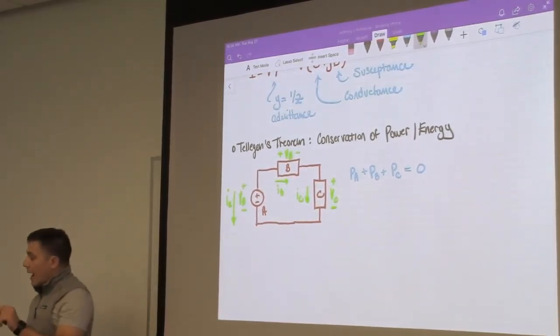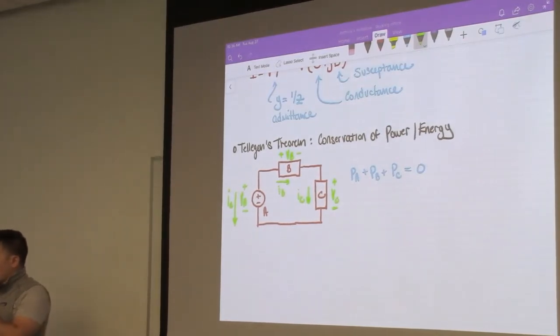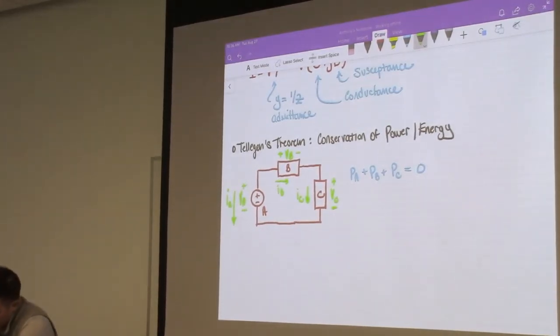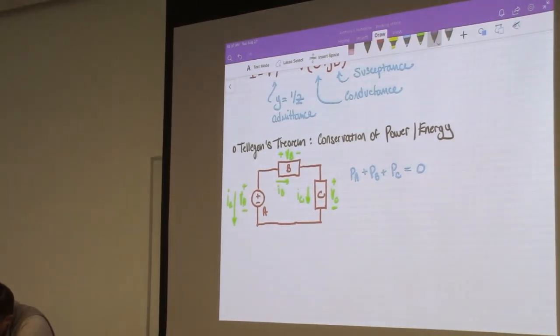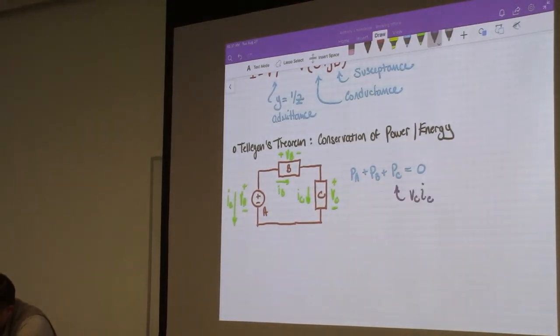So now, how do we define our PA, PB, and PC? Pretty straightforward. We're just going to use our passive sign convention. We know that PC will be equal to VC times IC, right?